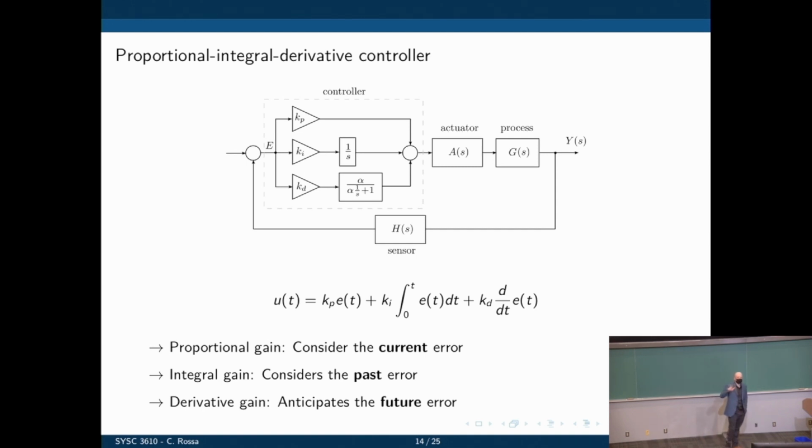So it's not as straightforward, and there is no simple solution to that. Right, but that's the idea behind this. We combine these three to speed the system up, to eliminate steady state error, and to limit the effect of overshoot caused by the integral control. Any questions?